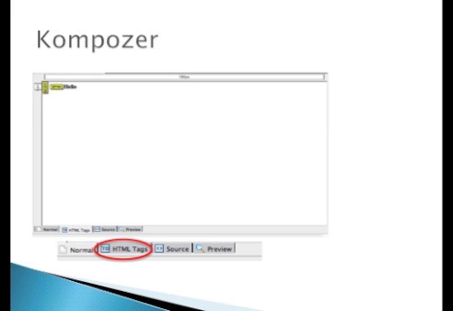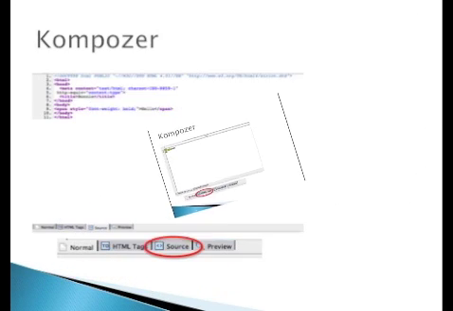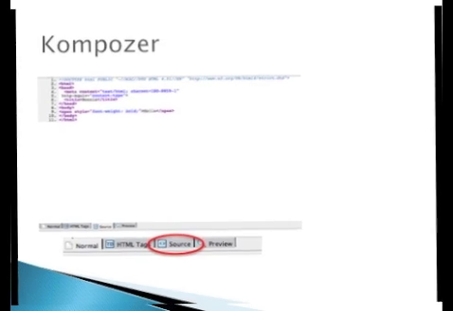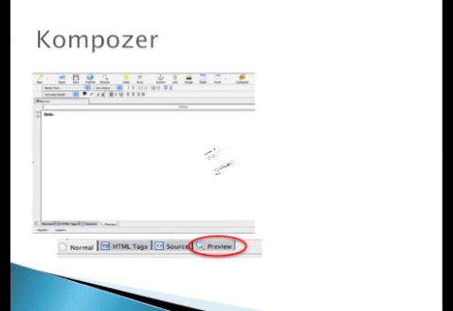By clicking on HTML tags, you see somewhat of the design, but for now I would ignore this section. Clicking on Source is actually code, and you see the code that's created simply by typing the word hello. And then lastly, you have Preview. What, sort of, will hello look like on a web browser?